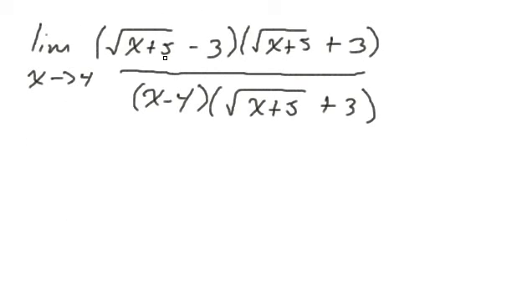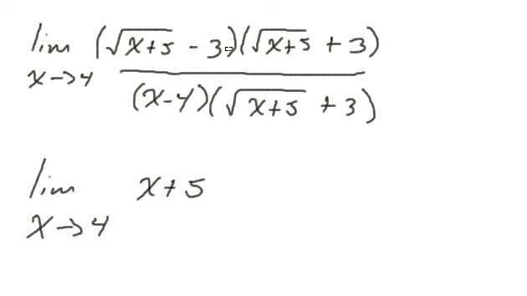So we multiply the numerator out, and we need to always rewrite this. We have the square root of x plus 5 times the square root of x plus 5, so that's just x plus 5.